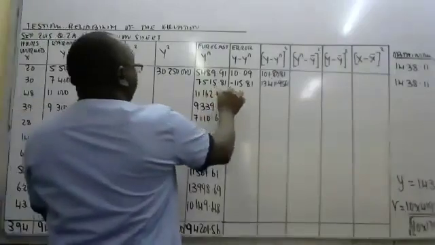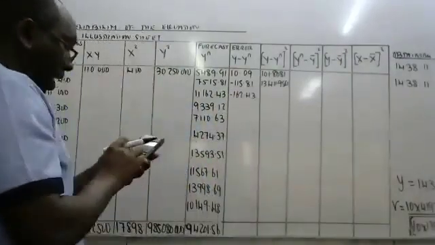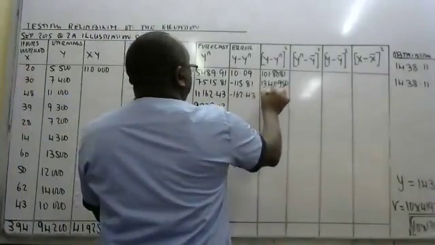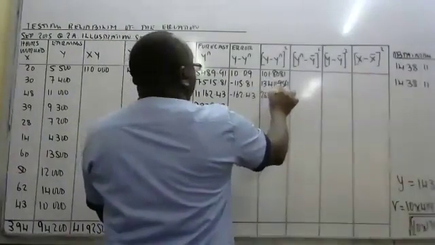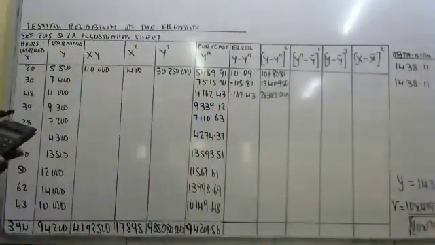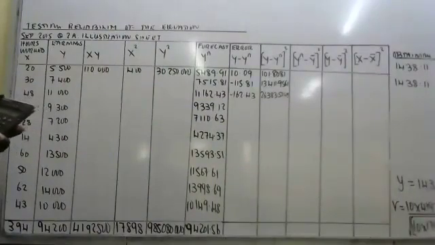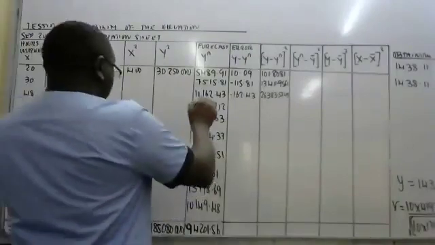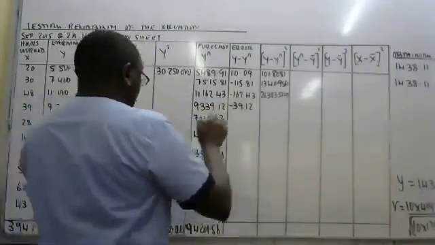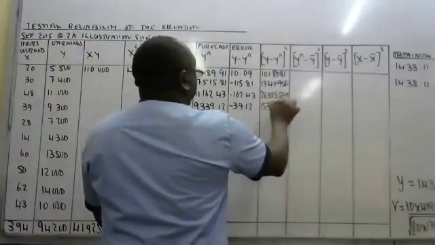It is negative 162.43. You square that, you get 26,383.5049. The next one: 9300 minus 9339.12 is negative 39.12. You square that and get 1530.3744.